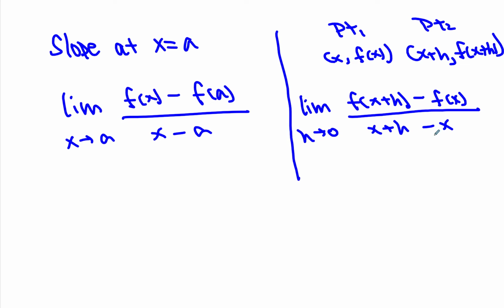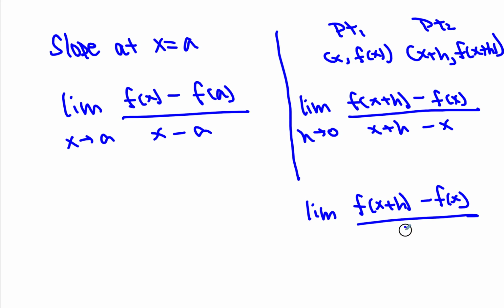But we get to simplify the denominator here. x and x can cancel away. So what we end up getting is f of x plus h minus f of x over h as h approaching 0. And this is the famous difference quotient, limit of the difference quotient. And we call, in fact, this one a derivative of f of x.